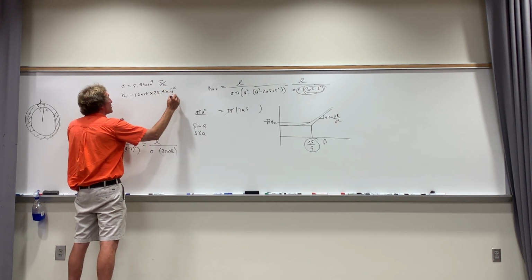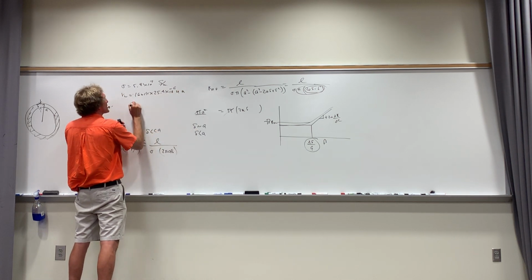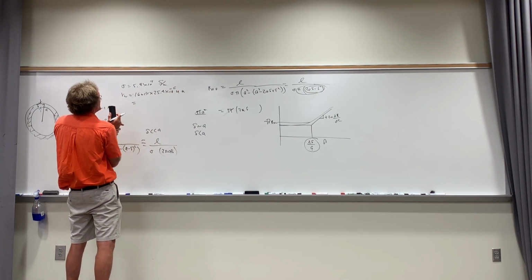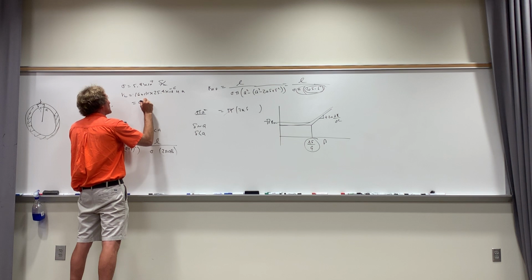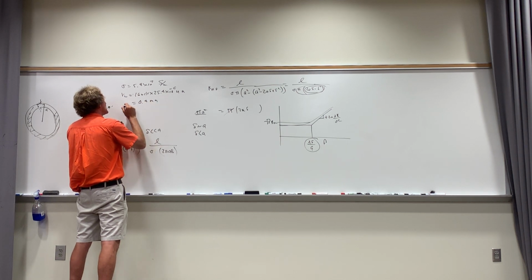And that would be micrometers. So what is that going to be? 25 times 16, I got 0.4 millimeters. Anybody else confirm that?